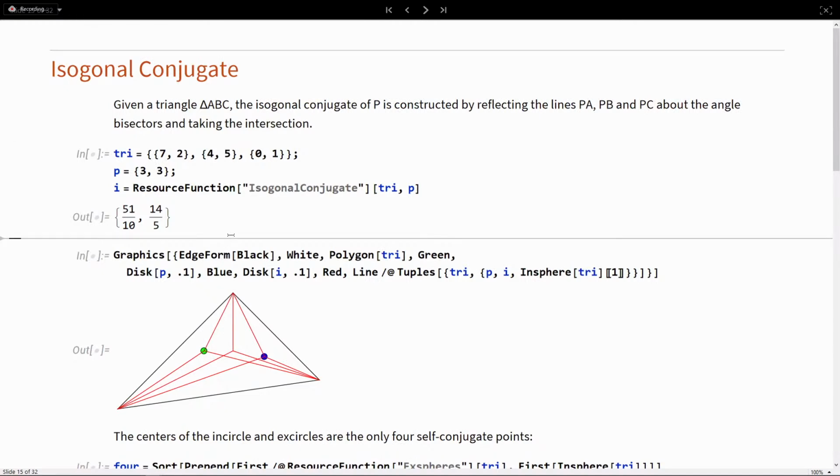If you take the isogonal conjugate twice, you basically return to the same point you started with. And you can do that for any point. For example, this is the triangle, and here's the point. One of these is 3, 3. The other is this point here.